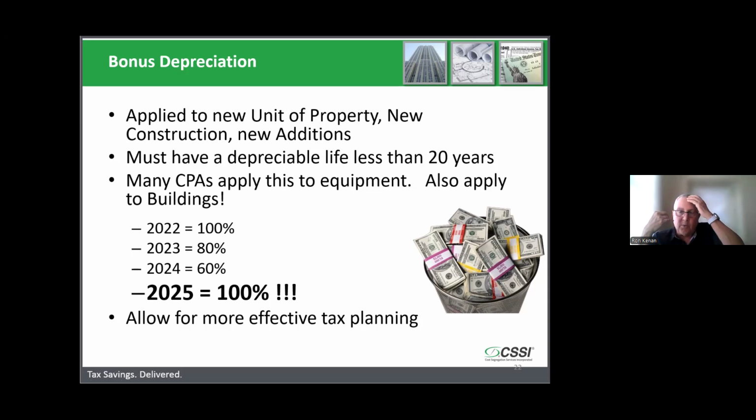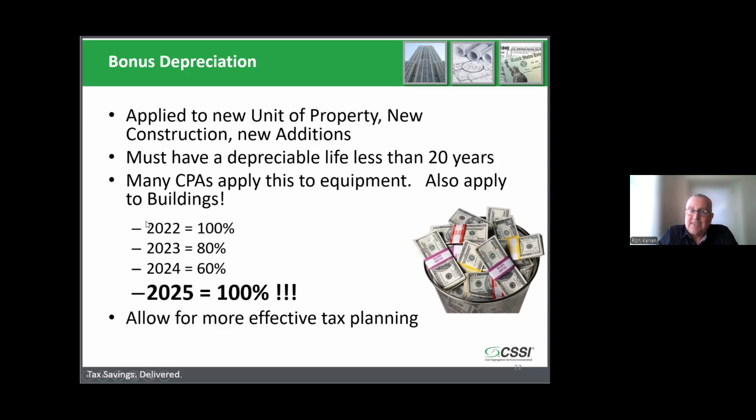So when we do the calculation for a property purchased in 2020 or 2021 or 2022, you get 100% bonus depreciation as well. If it was purchased, let's say in 23, you will get 80%.